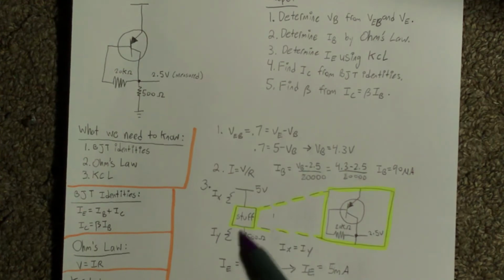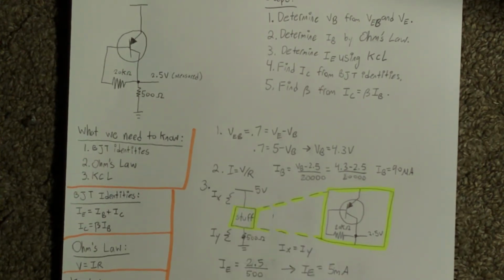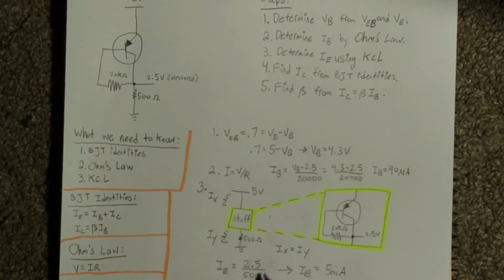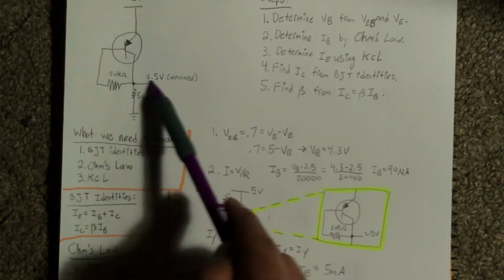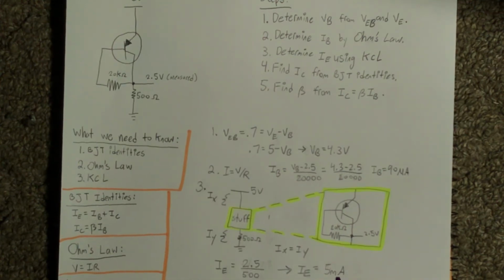And like we said, that's going to be IY, that current. And IY is equal to IX from what I just explained. So IE is, in this case, IX and IY. IE equals 2.5 over 500, the volts over resistance of this segment. And IE equals 5 milliamps. All right, sweet.